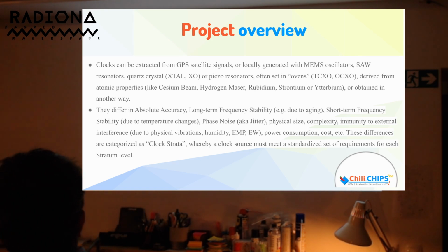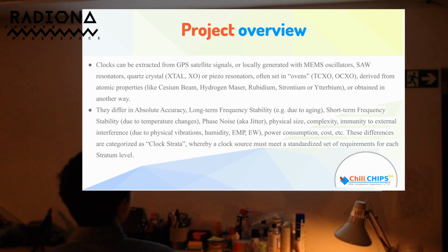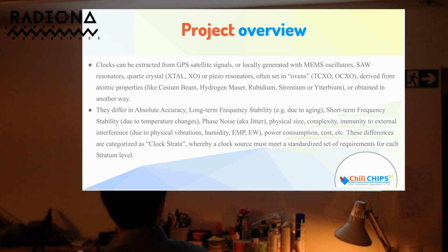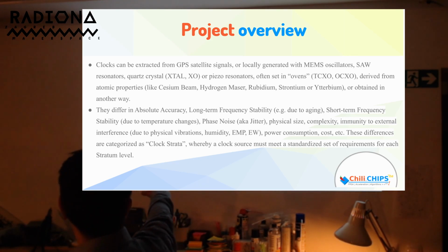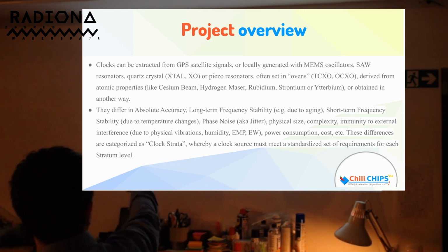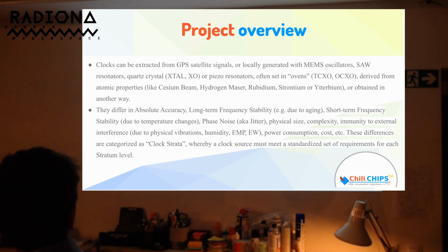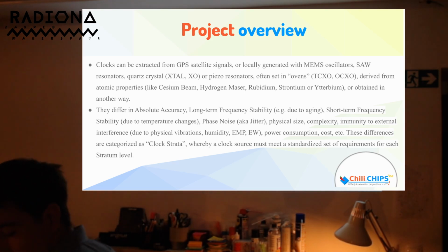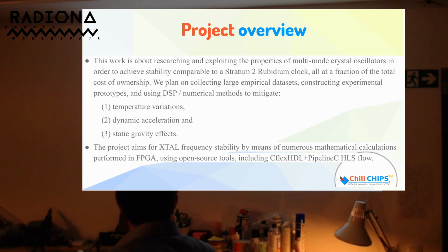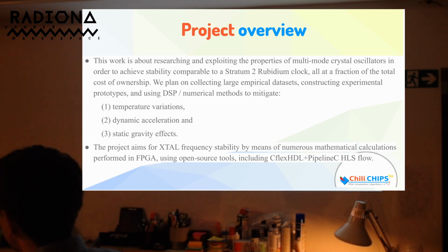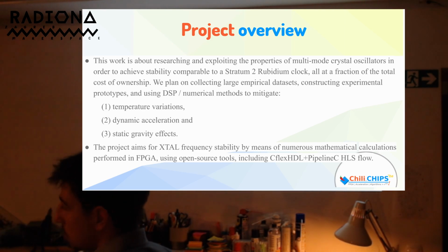So they differ in a lot of things like absolute accuracy, long-term frequency stability, and so on. These differences are categorized as clock strata, whereby a clock source must meet a standardized set of requirements for each stratum level.